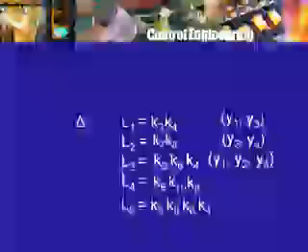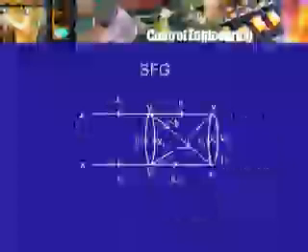Of course 1 remains, so don't forget this 1, minus the summation: L1 is out because L1 had y1, y3. L2 is okay because L2 does not include the node y1. L3 is out. What about L4, K6, K10, K8? That does not involve node y1, so L4 is okay. L5 is not okay because it has all 4 nodes, so that is out.